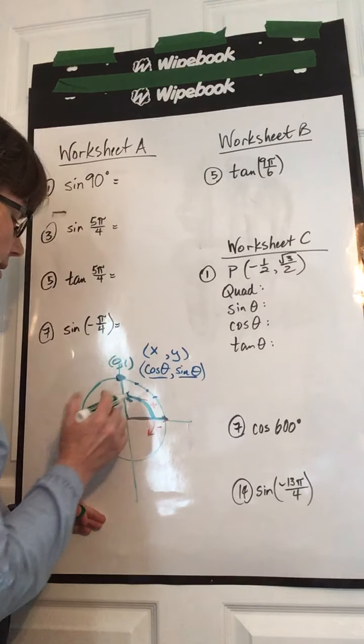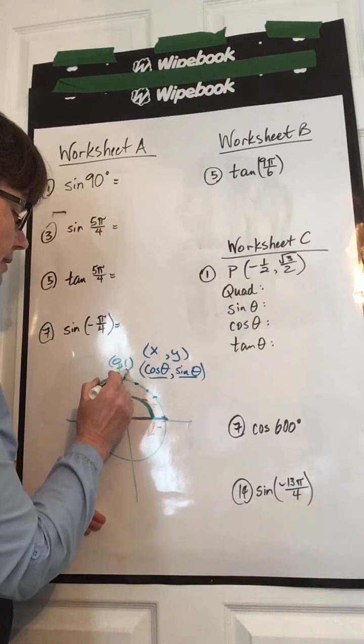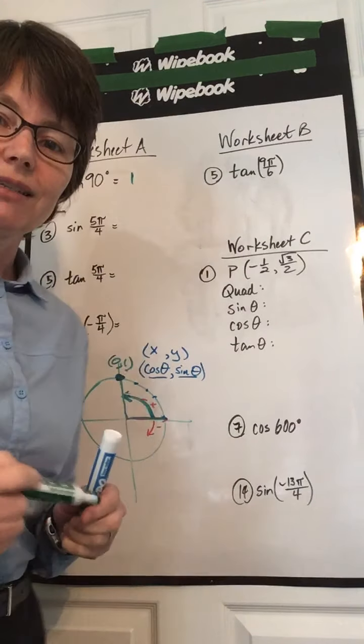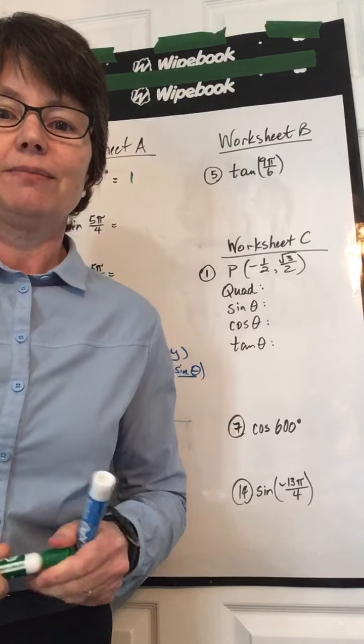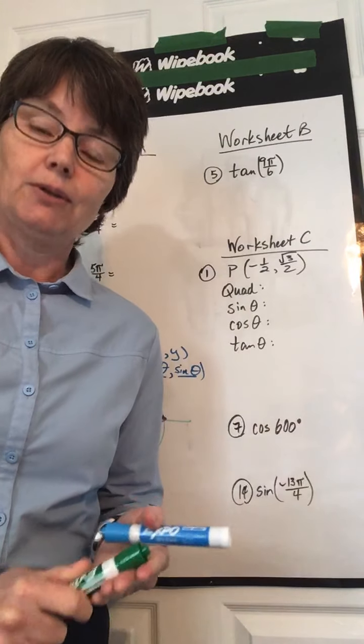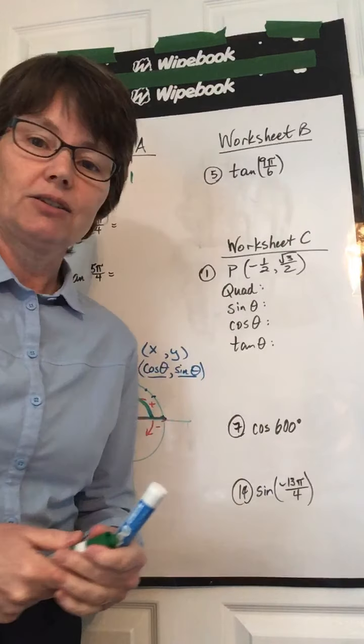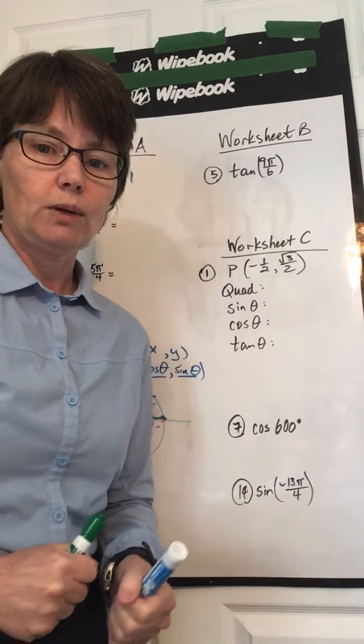So therefore, the sine of 90 degrees is that y-coordinate. It equals 1. If you then poke this in your calculator, you would get the exact same answer. Make sure you're in degree mode because it's in degrees, and you poke sine of 90 degrees into your calculator, it'll equal 1.